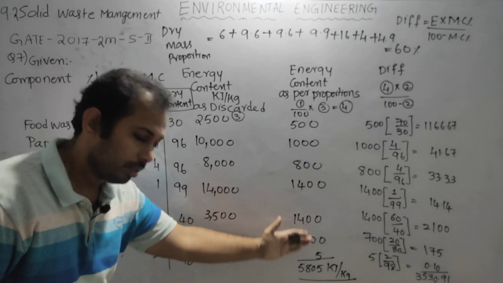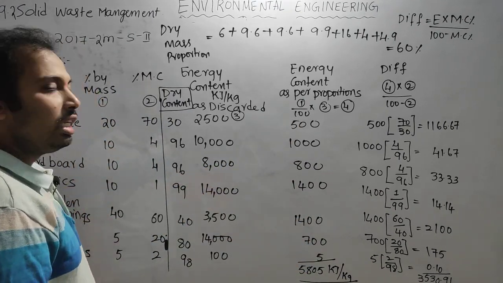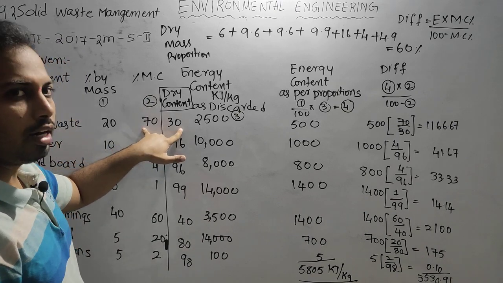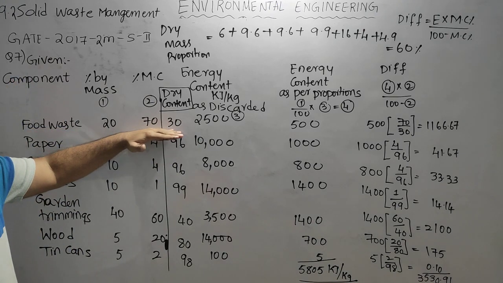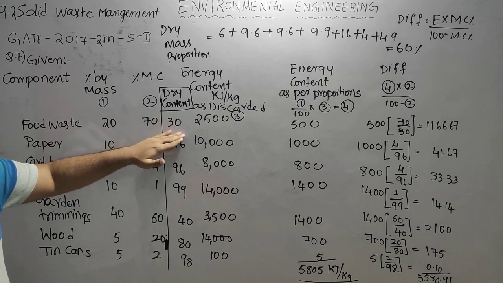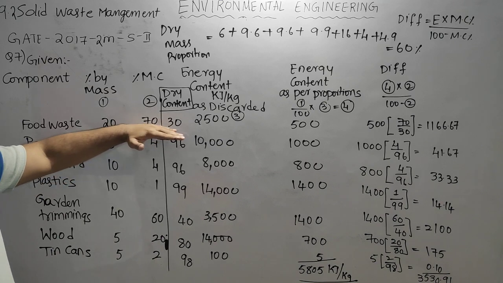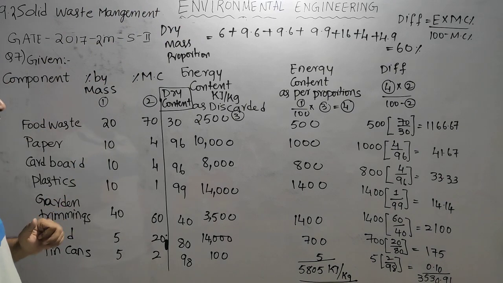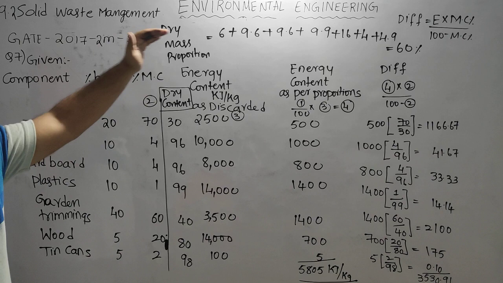These are the energies for the given proportions. This is when it is 100% food waste, where 70% is water and 30% is dry food. But in the solid waste, this is going only 20%.